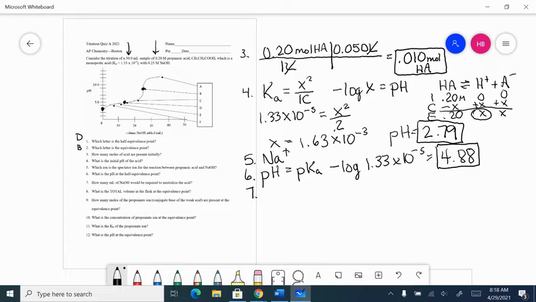Number 7 says, how many milliliters of NaOH would be required to neutralize the acid? This is where I saw some people trying to read off the graph. Well, we go back up to the top. If we had 0.01 moles of HA, that would take 0.01 moles of base to neutralize it.